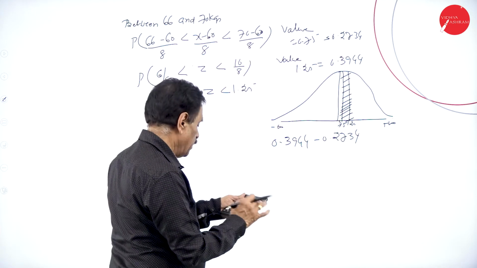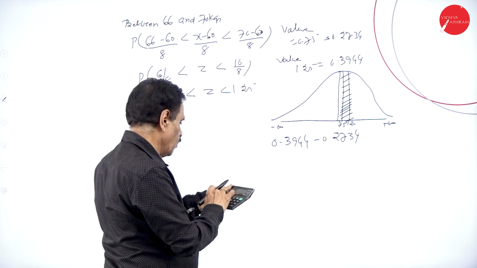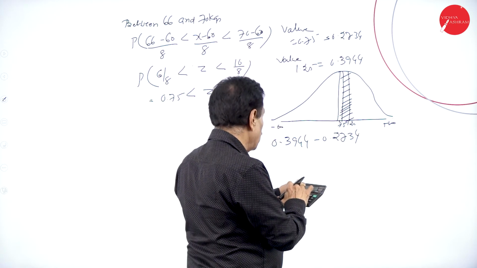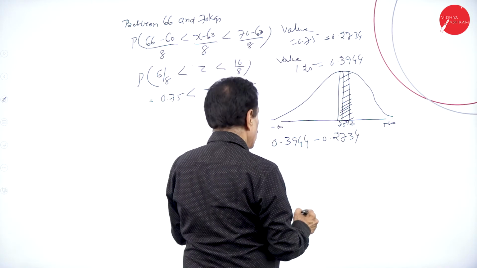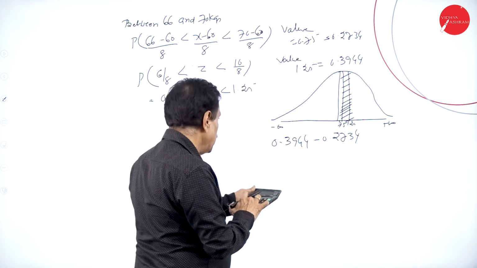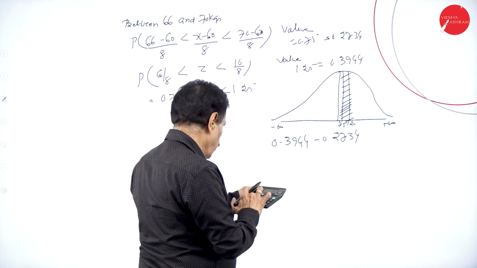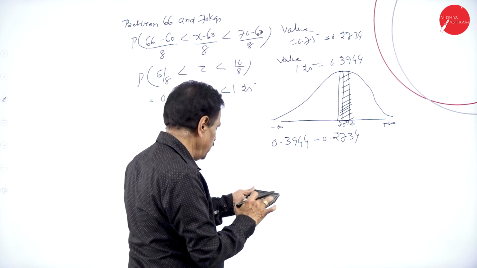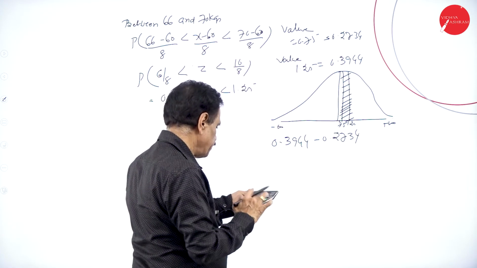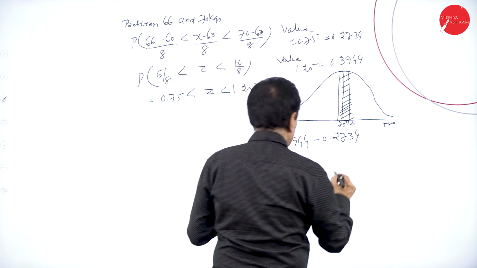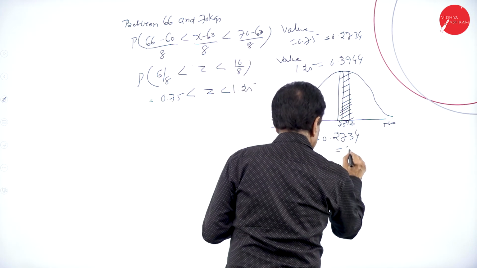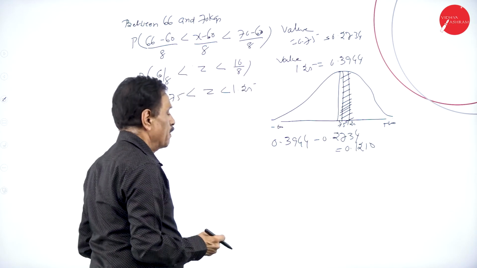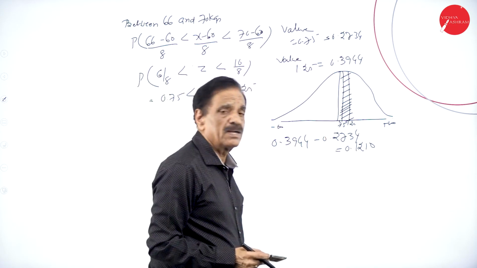So 0.3944 minus 0.2734 is 0.121. Highest to lowest, deduct.